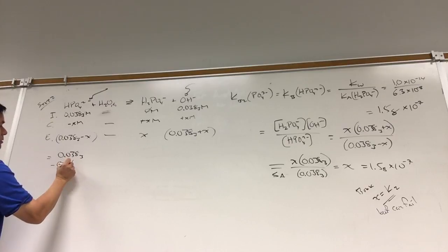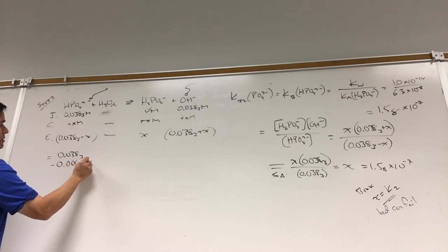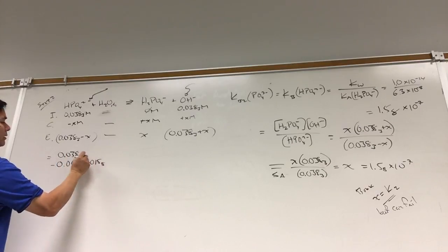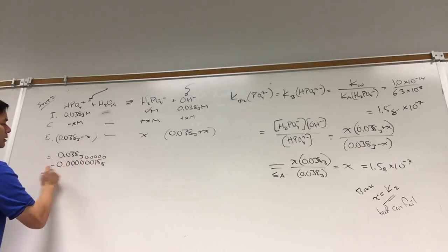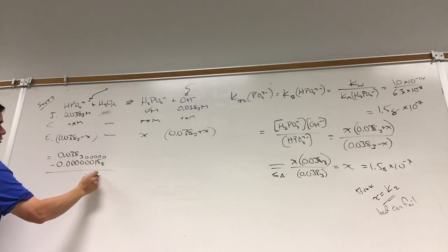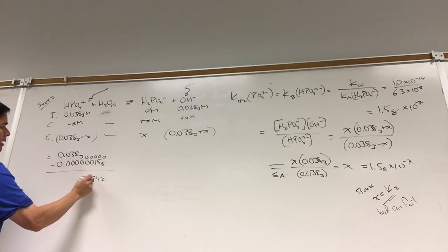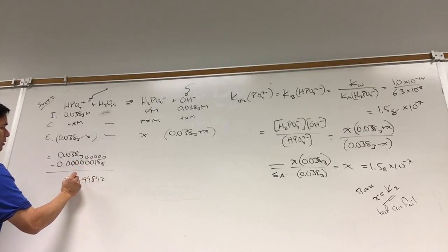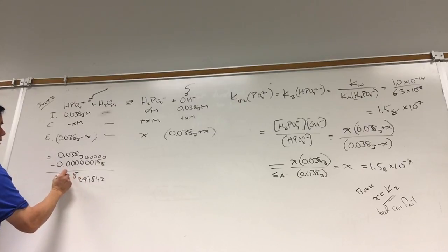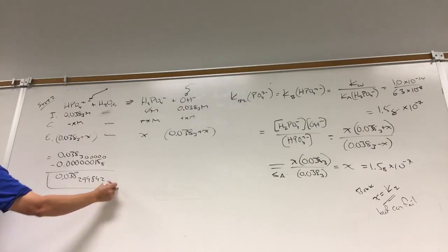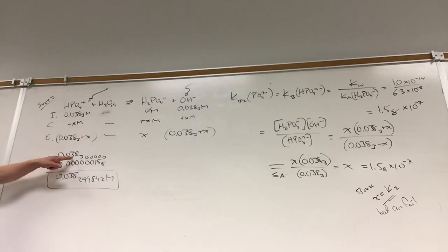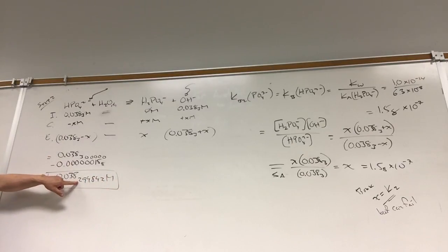0.0383 has 6 zeros on these. 1, 2, 3, 4, 5, 6, and then a 1, 5, 8. We'll add some extra zeros here. Do the subtraction, so this is going to be 2, 4, 8, 9, 9, 2, 8, 3. We started off with 383, we ended up with 329.